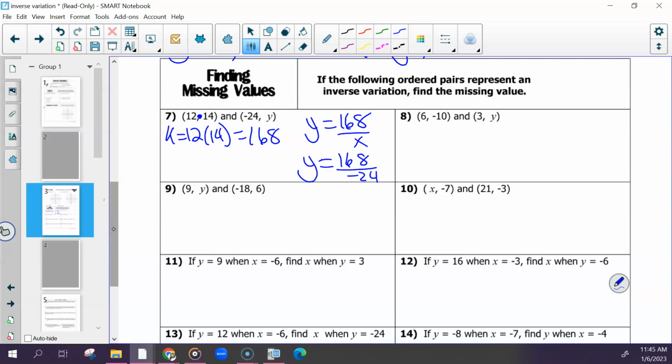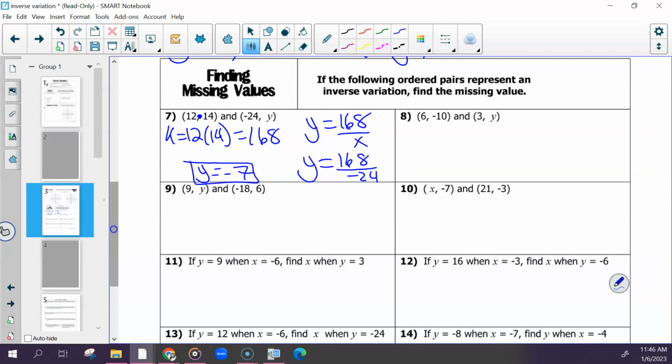Okay. Anyway, divide that. Someone tell me what that is. -7. And then the check process is the same. If we took -7 and multiplied it by -24, we should get positive 168. So we know that is our right answer.